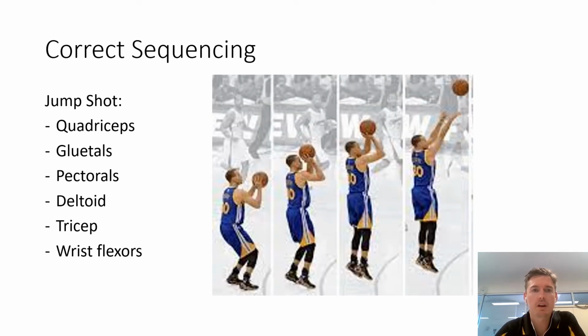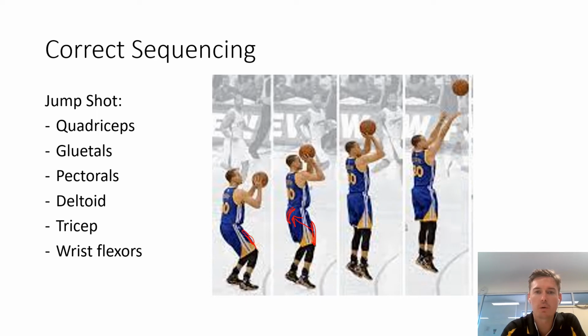So if we take this example of a jump shot, okay, the correct sequencing is to use our quadriceps first, into our glutes. So as we extend our quadriceps, our glutes activate, transferring that weight from here across into our glutes.